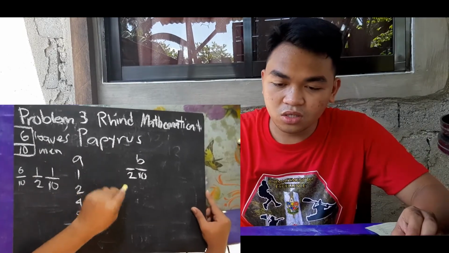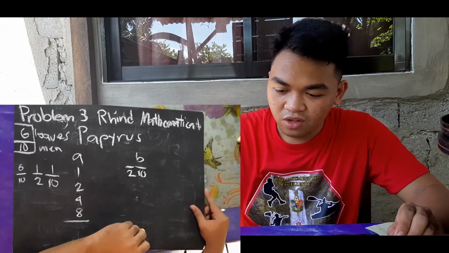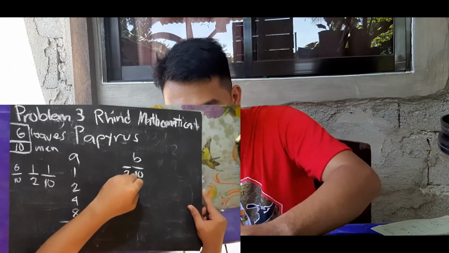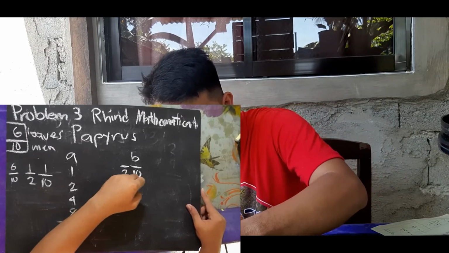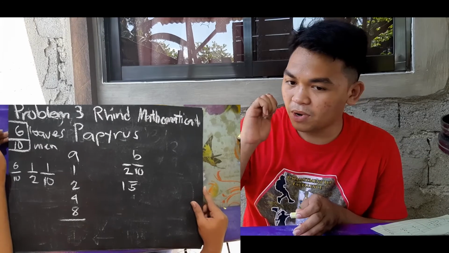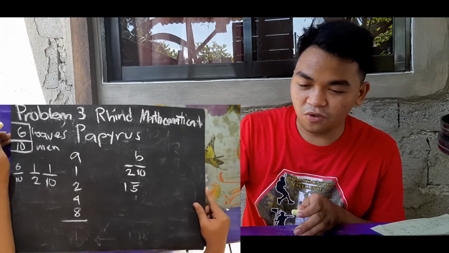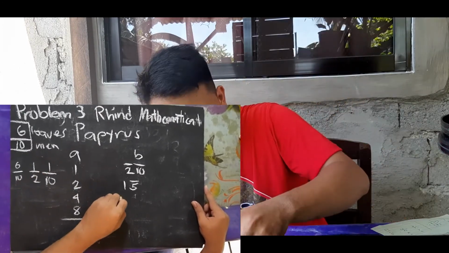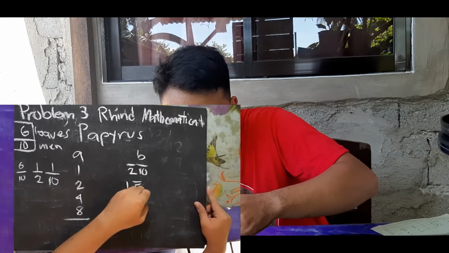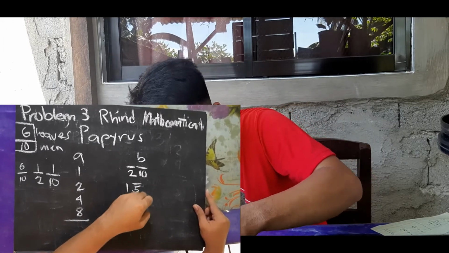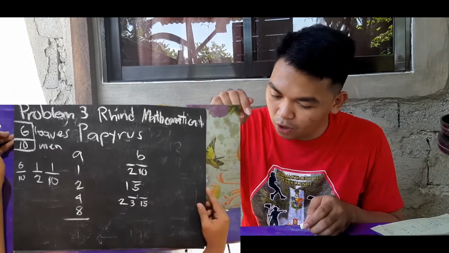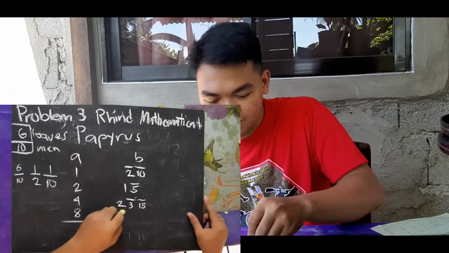So let's double it. 1/2 and 1/10 plus 1/2 and 1/10 is 1 and 1/5. Then 1/5 plus itself is 2/5, which is 1/3 and 1/15. And the double of these numbers is 4.